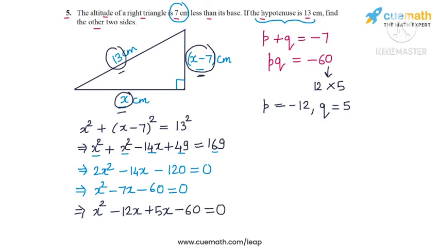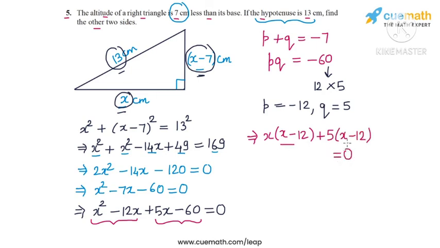Now we can easily factorize this quadratic equation. From the first pair we take out a common factor of x, so we have x times x minus 12, and then from the second pair we again take out a common factor of 5, so we get 5 times x minus 12, and this is equal to 0.